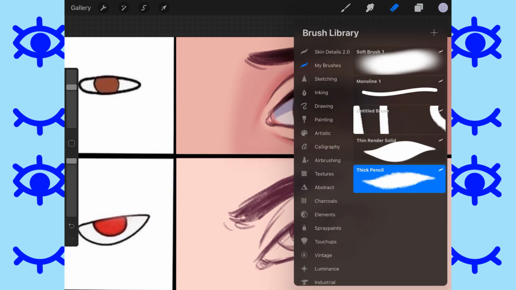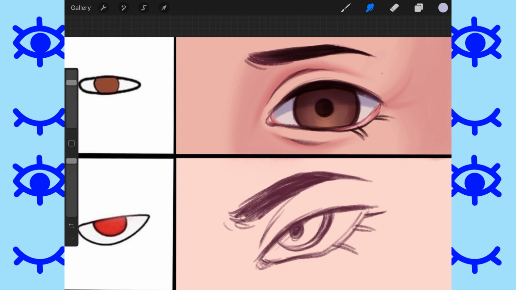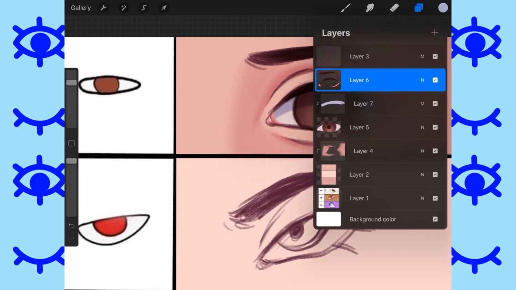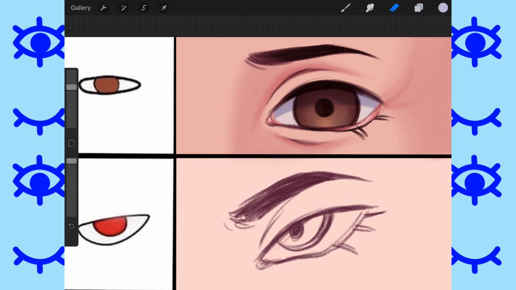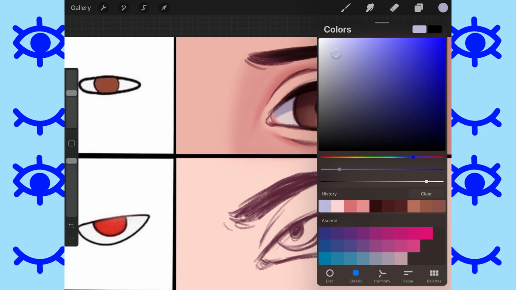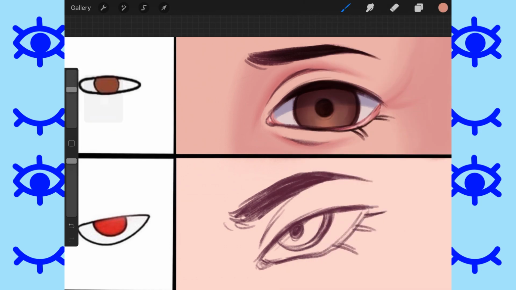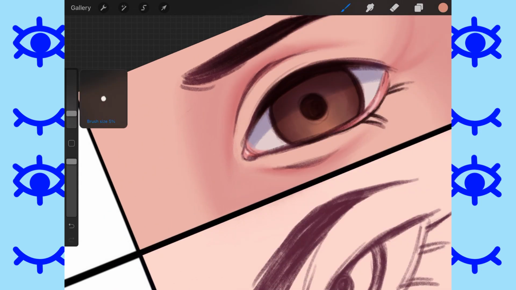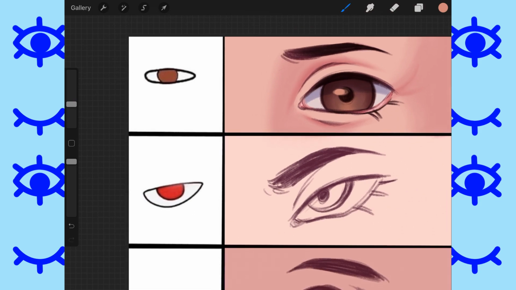I do, however, have my first digital piece, like I said. You can find it on my DeviantArt. I will not be listing it here because I don't really want people to go and see it, but little secret: I have gone through my DeviantArt on this channel, so if you can find that video, you can find my DeviantArt if you really want to go and look at it.